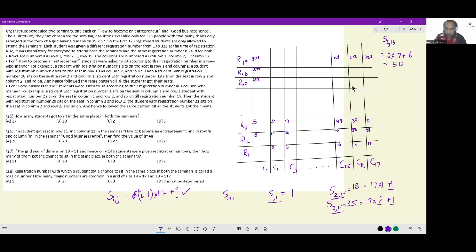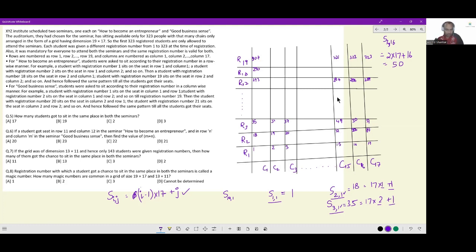Or let's say I wanted to directly find out the registration number of the person sitting here. Row 17, column 16. It will be 16 into 17, 272, plus 16. So this will be 288. This will be 289. This will be 287. Basically, for this seminar, I know in what row, what column.